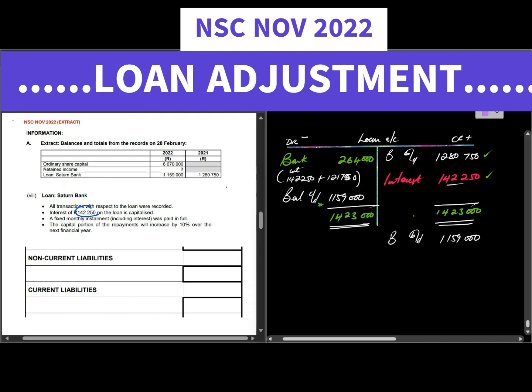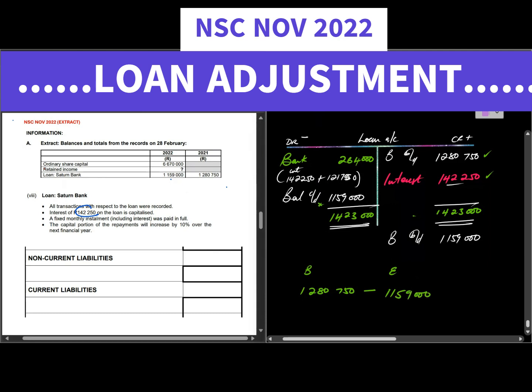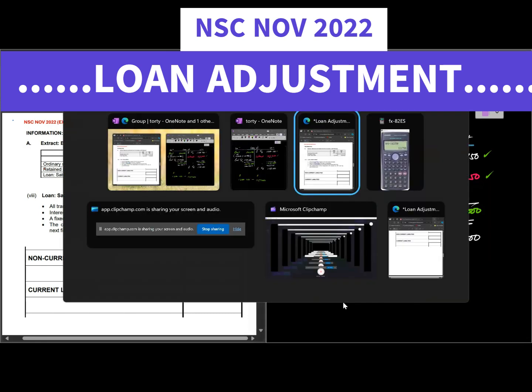The quicker way is simply to say your loan at the beginning, which is 1,280,750, then you subtract your loan at the end. Are we still together? Which is your 1,159,000. Let's see how much that is going to give us.